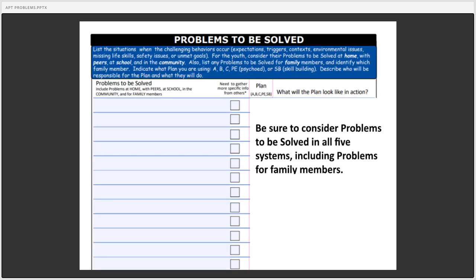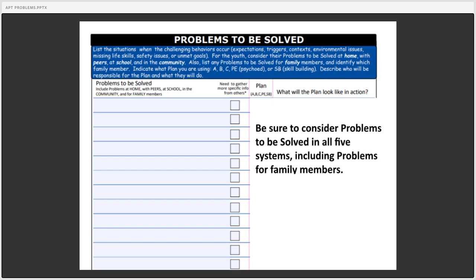So with our APT that you find in Guidetree, your problems to be solved section looks like this. We're focusing on the left-hand side of it right now. But we're making sure, and the prompts are there on the sheet here, to consider the problems to be solved in all 5 systems.